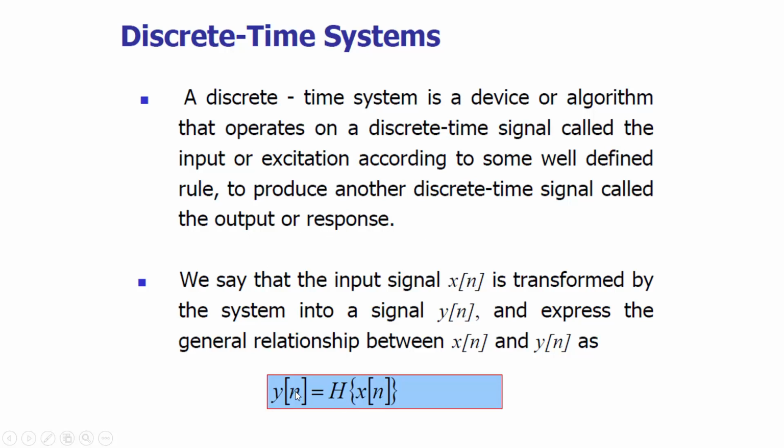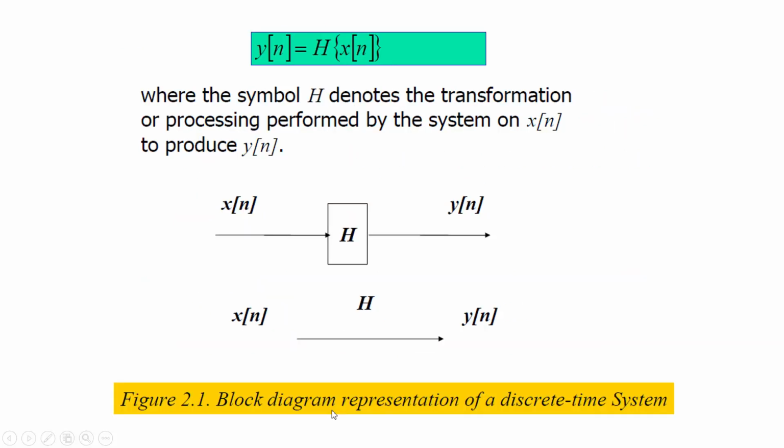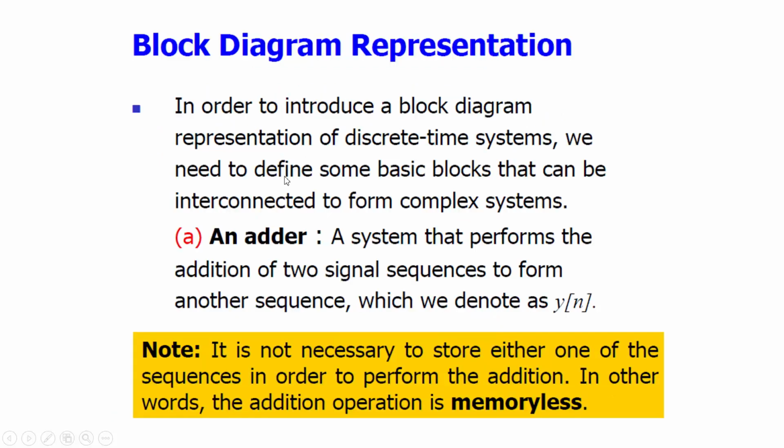The relationship between the output and the input is defined by a parameter h. We call this h the transfer function of the filter. So h denotes the transformation or processing performed by the system on x[n] to produce y[n].